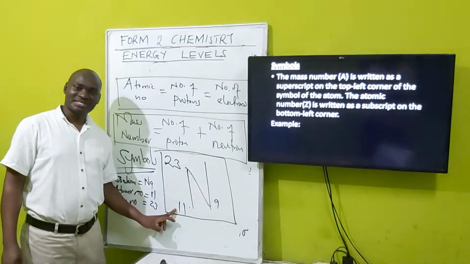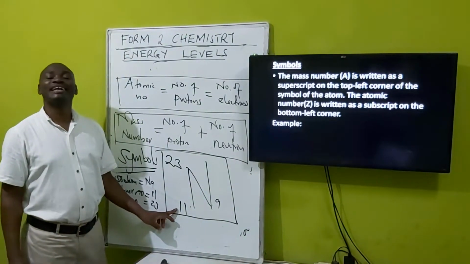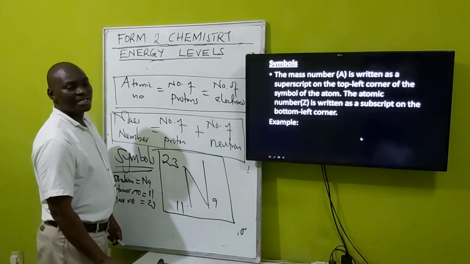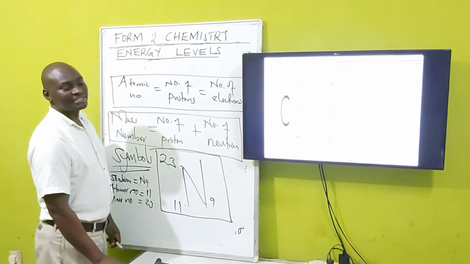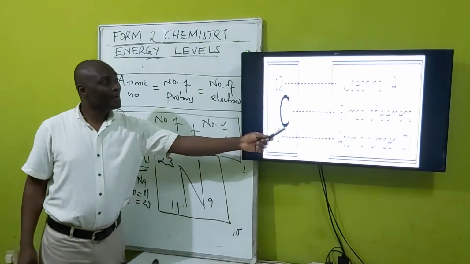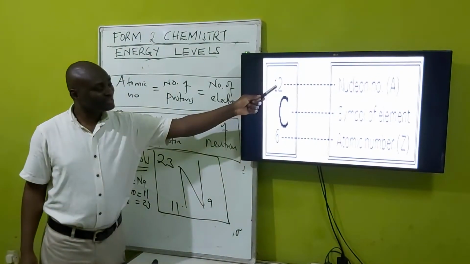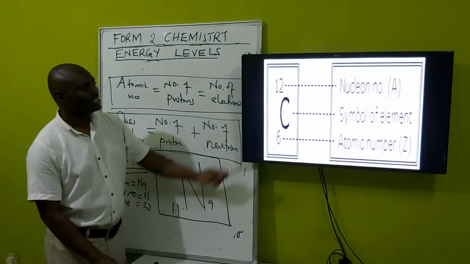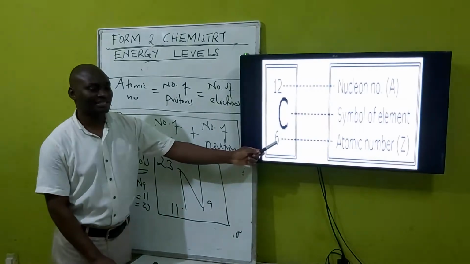The subscript, which is the lower number, is the atomic number. So that is how we present. Like this one, this is carbon. Mass number of 12, atomic number of 6. C is the symbol.